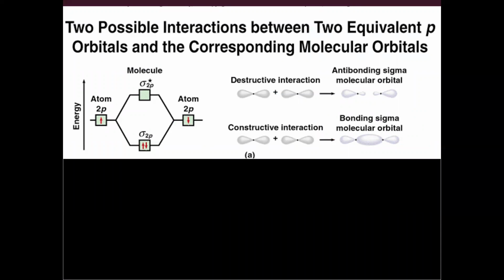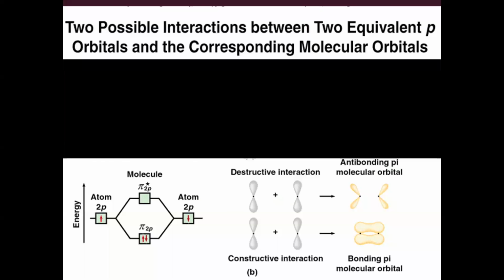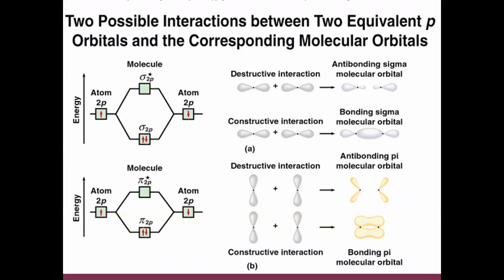So it's also possible to have interaction between 2 equivalent p orbitals. Before we talk about the s orbital, let's take a look at the p orbital. Before, we learned the p orbital can form either the pi bond or the sigma bond.